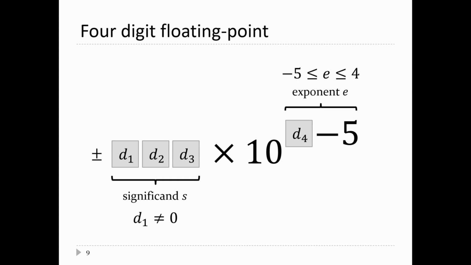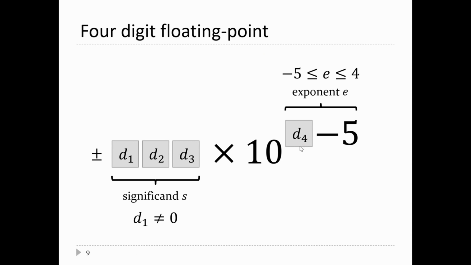Now I need to get negative exponents somehow, in order to represent values that are between 0 and 1. So to get a negative exponent, I'm going to use a digit, 0 through 9, but then I'm going to subtract 5 from it. And my exponent will be the result of that difference.